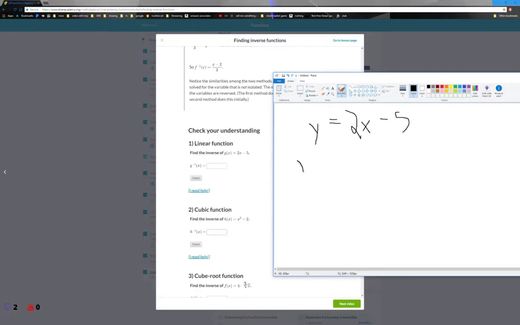We'll add 5 to both sides. y plus 5 equals 2x. And then we'll divide by 2 on both sides. y plus 5 over 2 equals x.